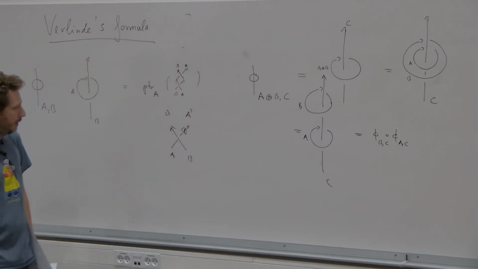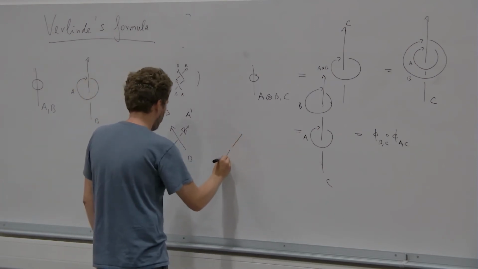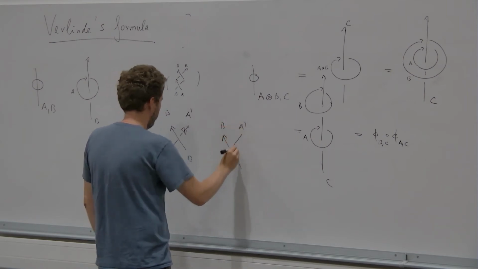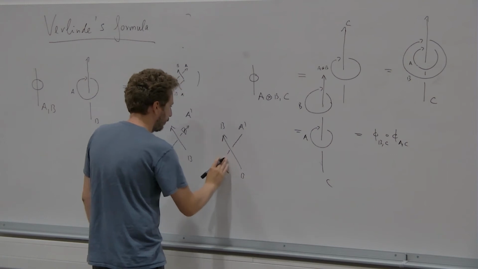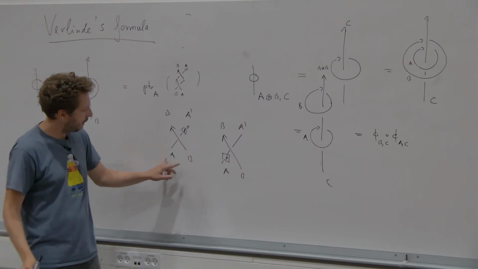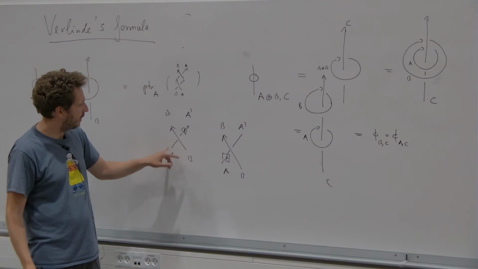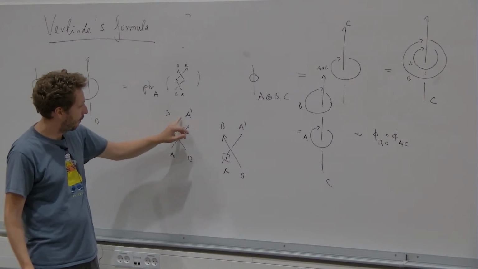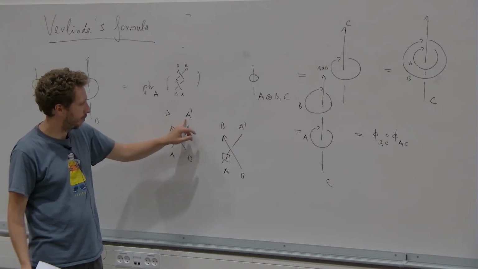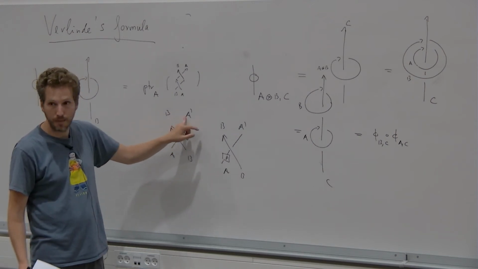Or we could also write the diagram as this, AB, and we could write down the morphism here. So what would we do here? Here we would first take the braiding of A with B. That's then the tensor product of B with A, and then apply the morphism F. So we get the tensor product of B and A prime. And so that means this diagram is a morphism from A times B to B times A prime.